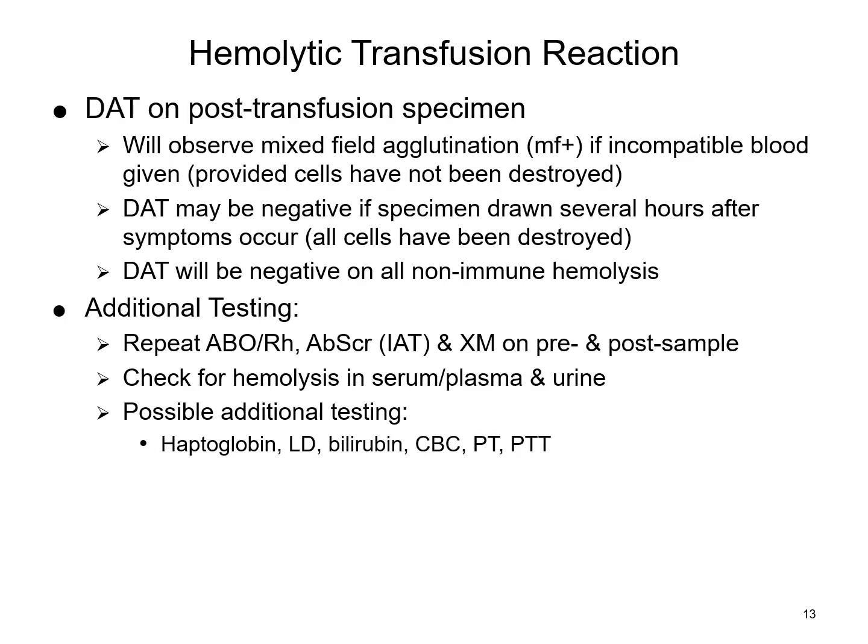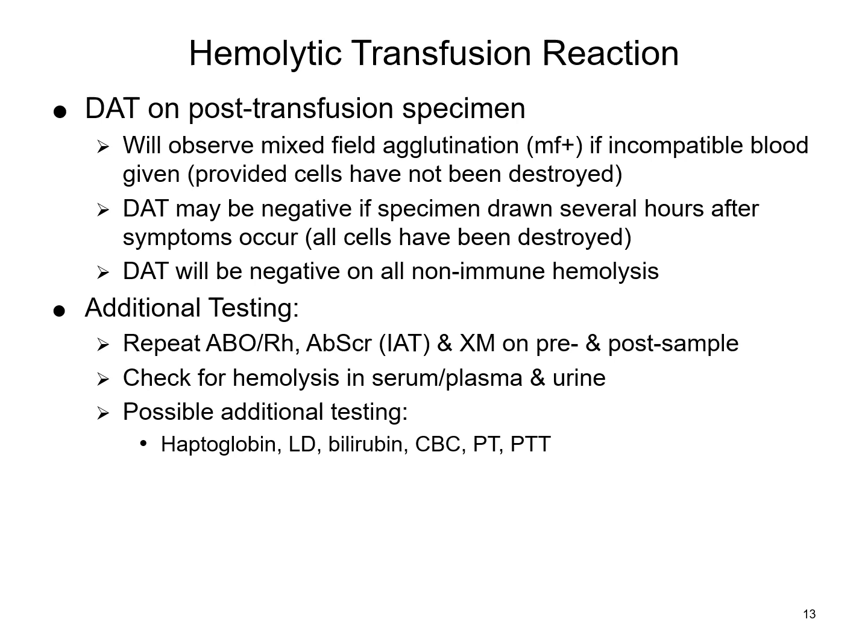Now, with hemolytic transfusion reactions, when you do the DAT on the post sample, you're usually going to see some sort of mixed field reaction, because you're going to have that incompatible product that is being coated for destruction versus the patient's own cells, which hopefully are not being coated with anything.